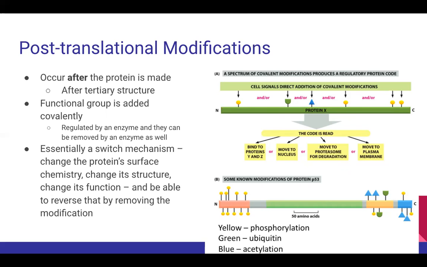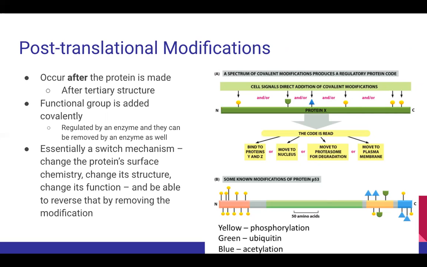So basically what happens is the cell signals direct the addition of covalent modifications. So here you have your protein, your N-terminus, and your C-terminus at the end. The code is red, and it's either going to bind to proteins Y and Z, or move to the nucleus, or move to the proteasome for degradation, or move to the plasma membrane.